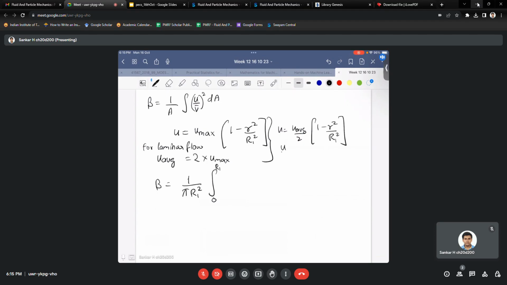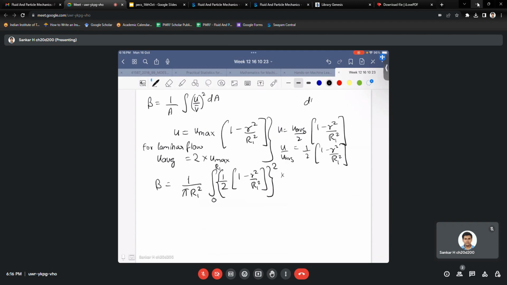Therefore u by u average will be equal to 1 by 2 times 1 minus r square by r1 square. Substituting this here, we'll get 1 by 2 times 1 minus r square by r1 square, the whole square times dA.